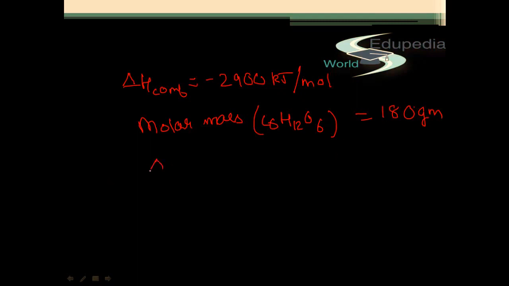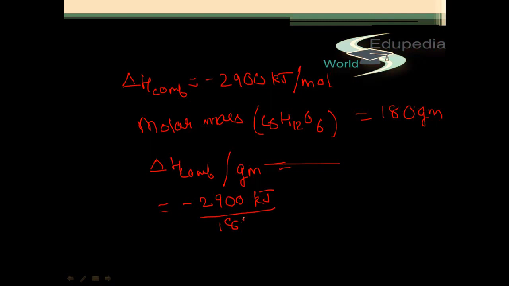And so finally, coming back to the answer, delta H combustion per gram of glucose would be equal to minus 2900 kilojoule upon 180 gram, which, if you carry out the calculations, will come out to be minus 16.11 kilojoule per gram.